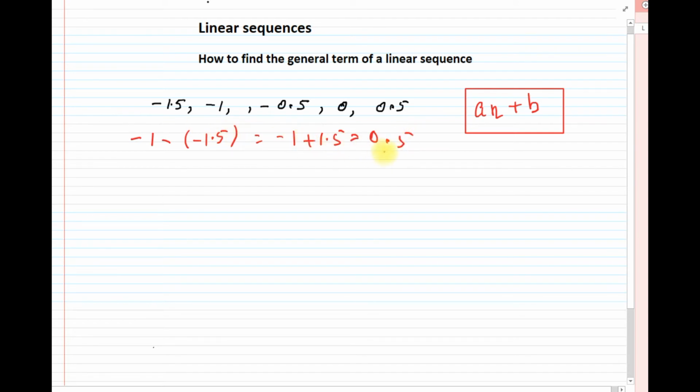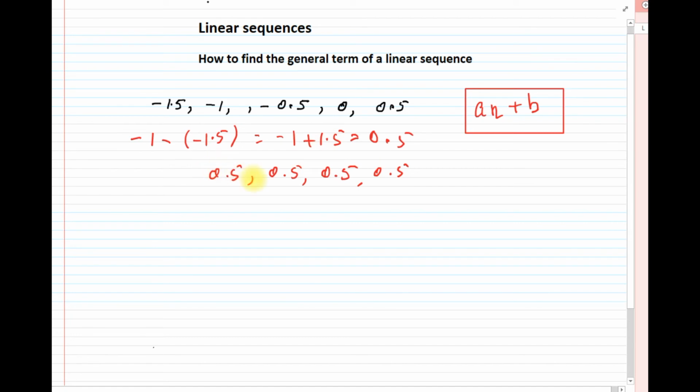I wrote this longhand so that we are always aware of signs. So the first difference here is 0.5. The next one would be minus 0.5 minus 1, which makes that plus 1, so that will be again 0.5. So all of the first differences would be 0.5.